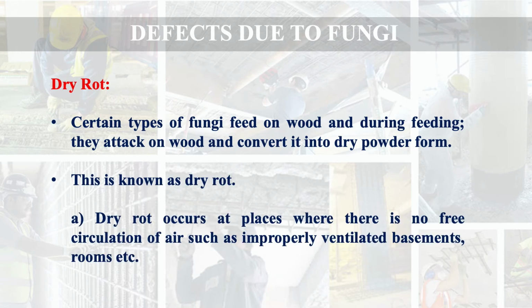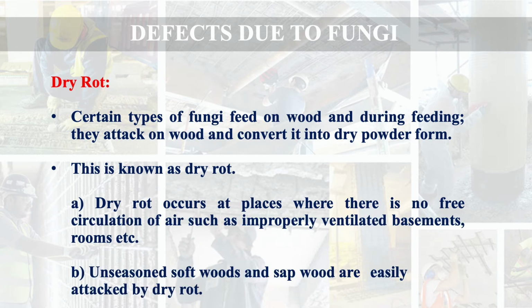Dry rot occurs at places where there is no free circulation of air, such as improperly ventilated basements, rooms, etc. Unseasoned softwoods and sapwood are easily attacked by dry rot.